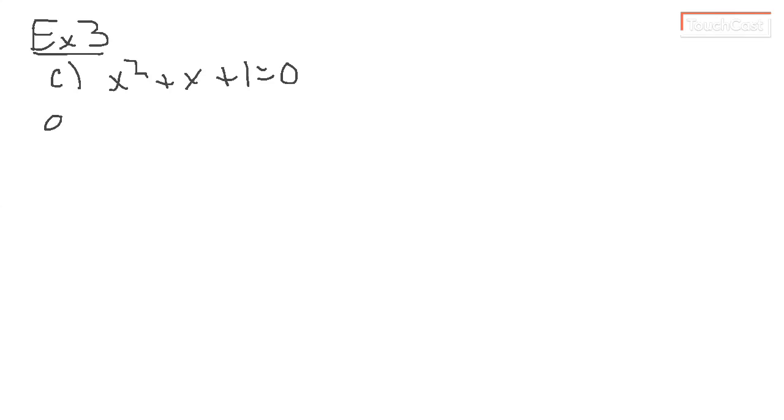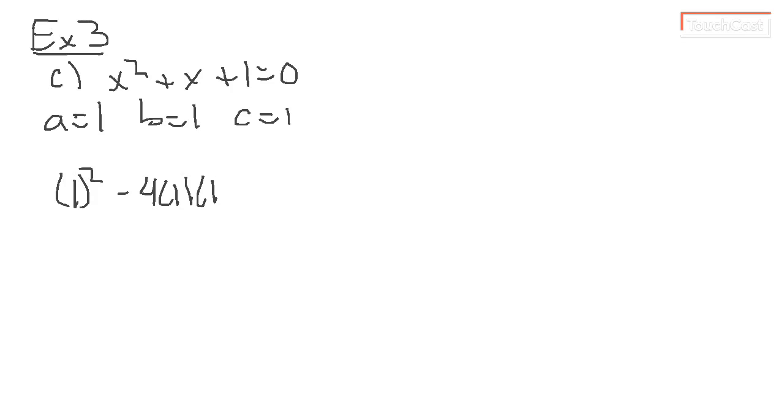So again, we need to know a, which in this case is 1, b, which is 1, and c, which is 1. So I'm going to go b squared, 1 squared, minus 4 times 1 times 1. Well, 1 squared is 1, 4 times 1 times 1 is 4, and 1 minus 4 is negative 3. Since that is negative, we have no real solution.